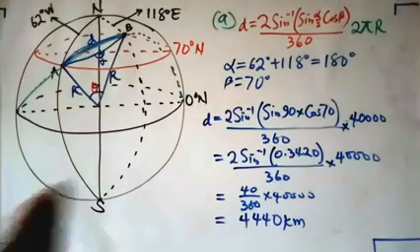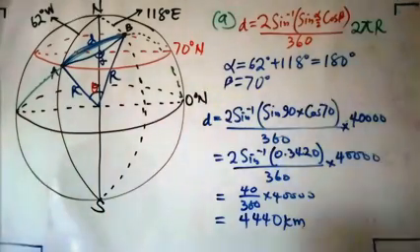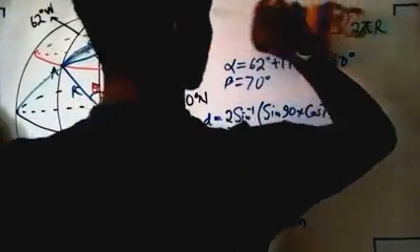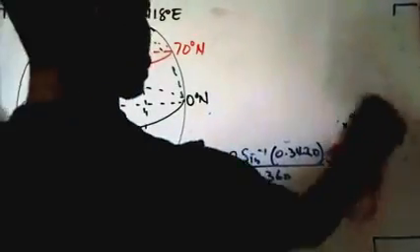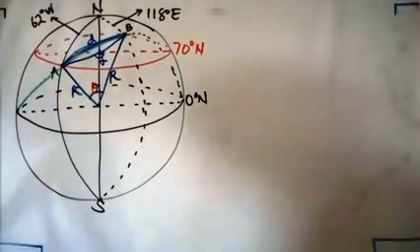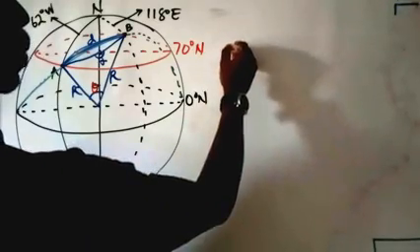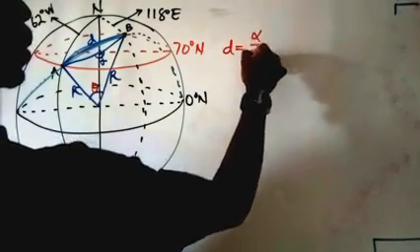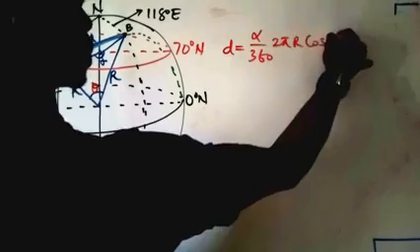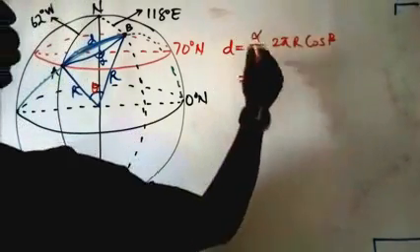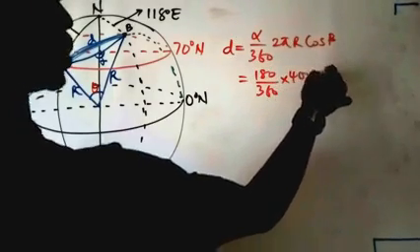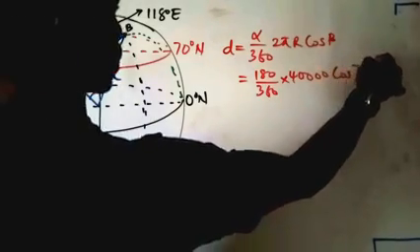Let's go to the B part of this question. The B part is asking us to find the distance between this along the latitude. Along the latitude, we just use our normal formula, which is alpha over 360 times 2 pi small r, which is capital R cos given latitude. We saw it's 180 over 360. Then we said we want to use 40,000 here. Then cos given latitude, cos 70 degrees.